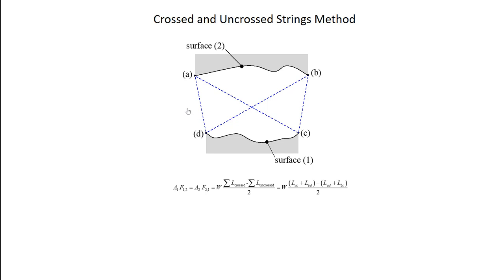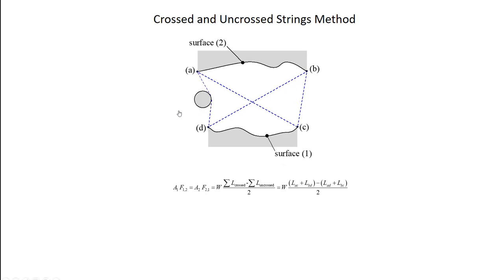It's really actually kind of cool because the technique continues to hold even as other things start to get in the way. So if I start to move something into this, so for example, maybe I move a surface into this space, that surface is certainly going to affect the view factor from 1 to 2, and you would expect that the surface would tend to reduce it.